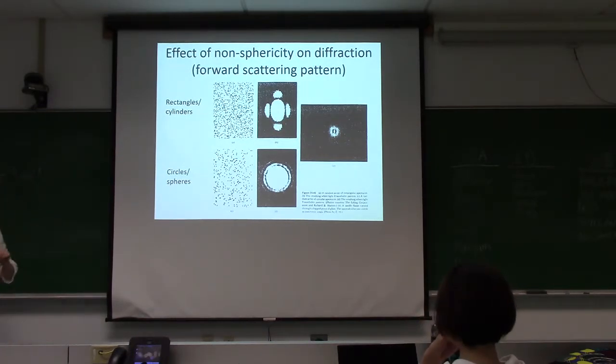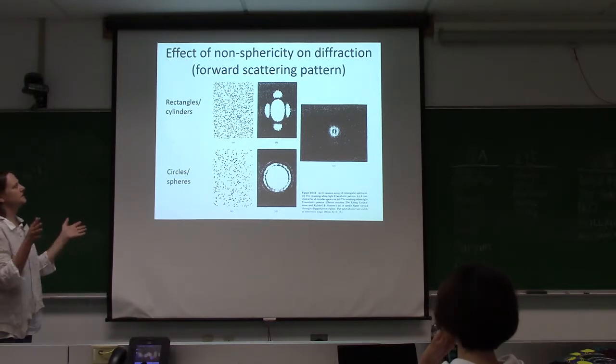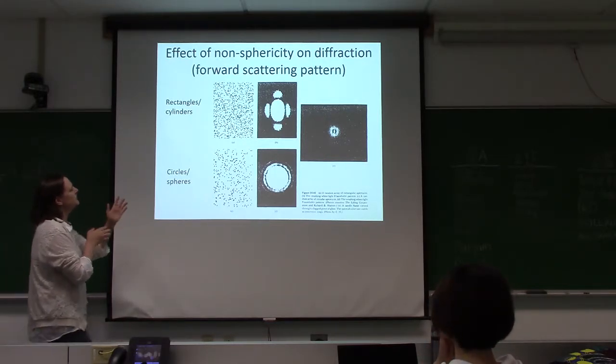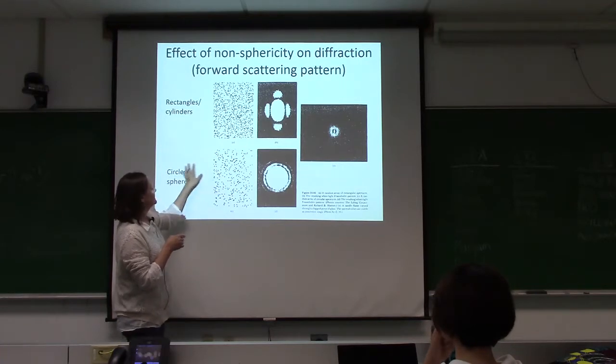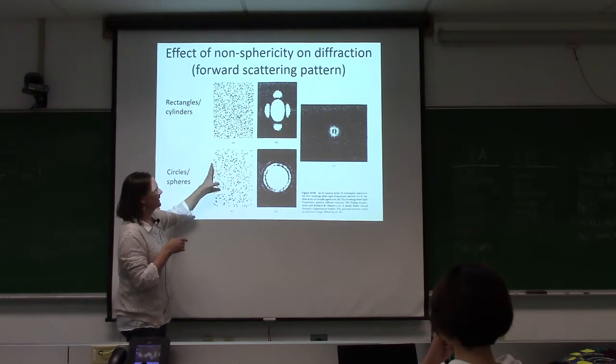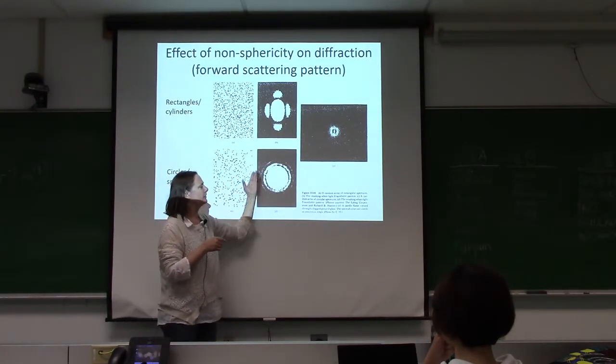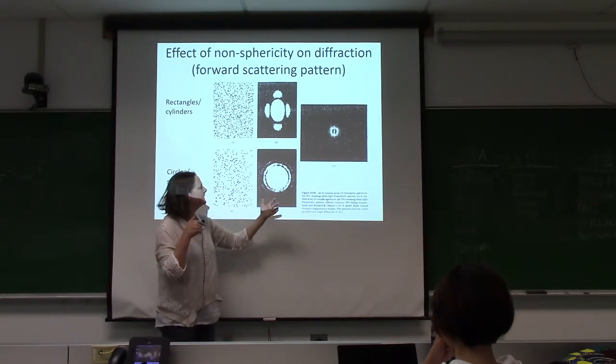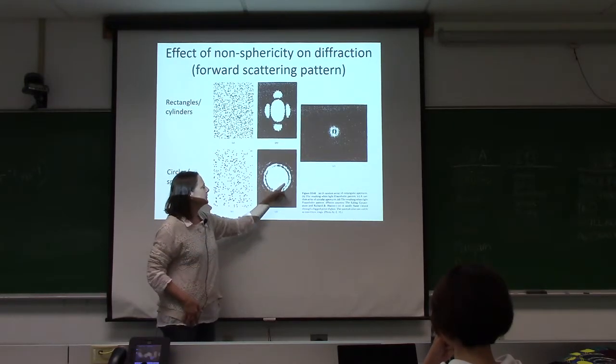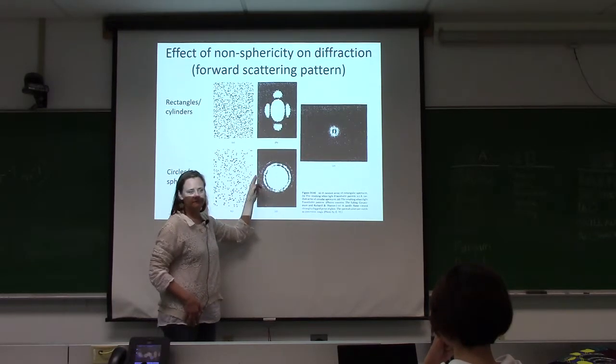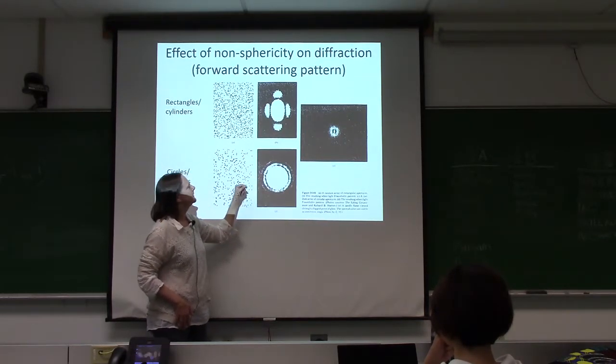So if you did these experiments in physics, you could do the slit diffraction experiments, but if you took, let's say, a bunch of little tiny circles and illuminated them, you can see on the other side a very large bright spot and then some concentric rings around it due to diffraction.